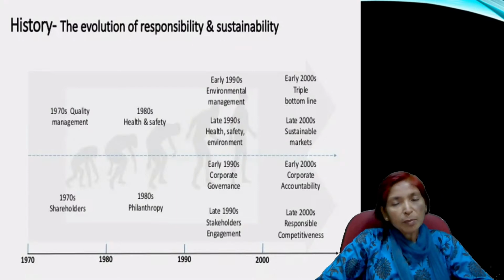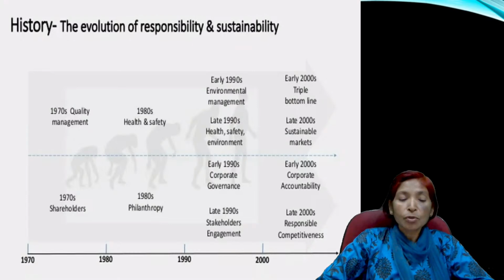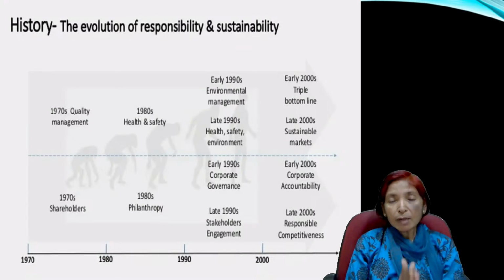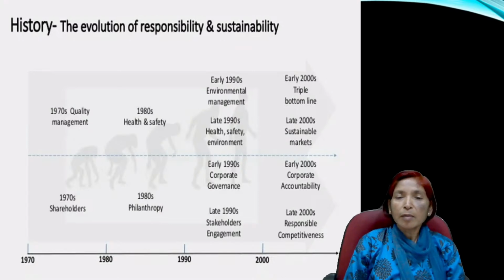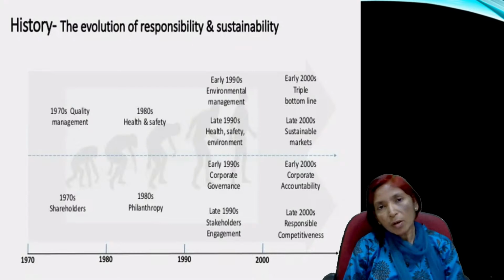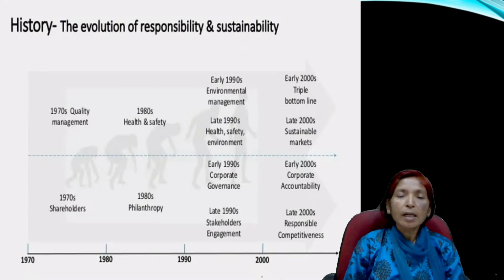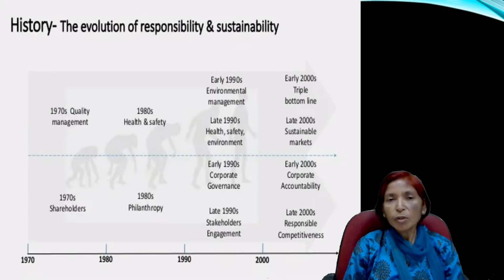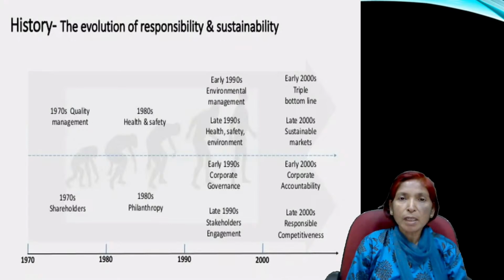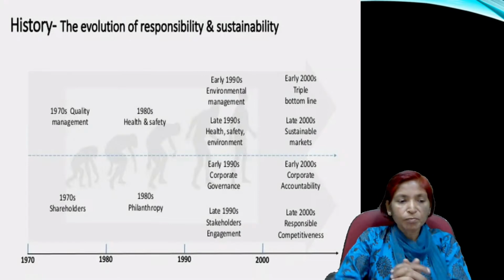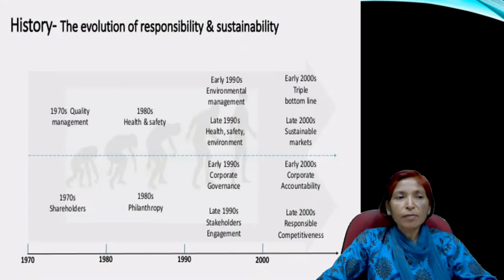Sustainable development tells us that we should use all the available resources, whether renewable or non-renewable, in such a way that the needs of the present generation and the future generation can both be satisfied, without compromising the needs of the future generation. So this was the beginning of the concept of CSR.